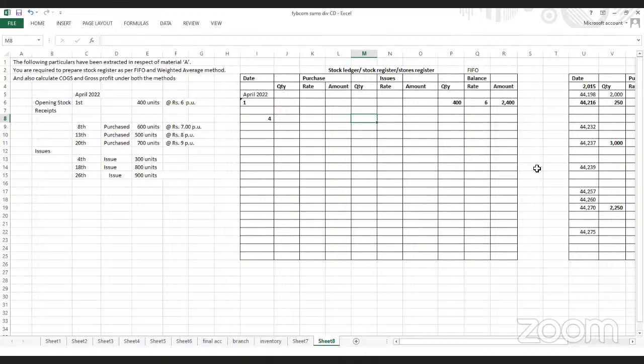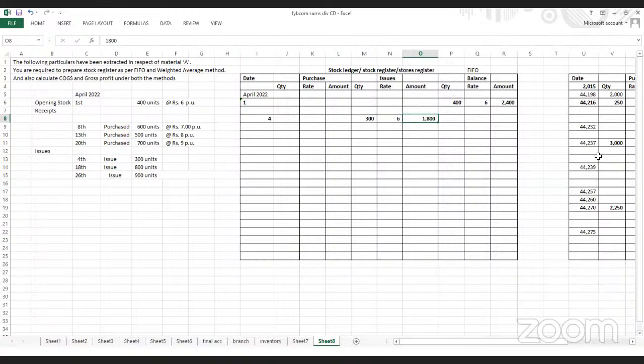So units issued are 300. So I'll write 300. And since we have only one batch of stock, which is having rate of 6, I'll issue out of those. So in the rate column I'll write 6. So amount of stock issued will be 300 into 6, 1800.